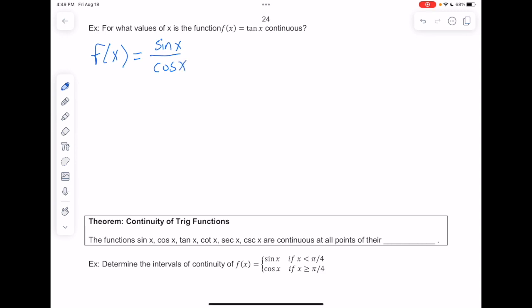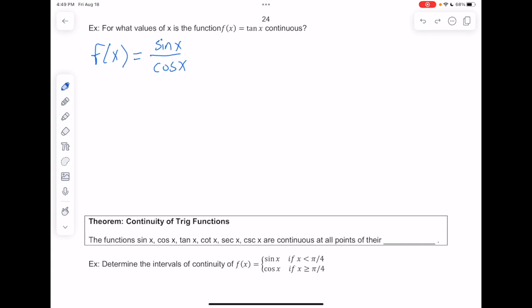Now, we talked about previously that sine of x is just this wave function, but so is cosine. So for both sine of x and cosine of x, I'm going to just assume for a moment that they are continuous, based on the fact that we've seen their graphs and their connected pieces. That needs to be proven officially, but visually we kind of know that. So if we took for granted that sine of x and cosine of x were continuous, then when you do the division of these two continuous functions, that should be continuous everywhere except where the denominator is 0.